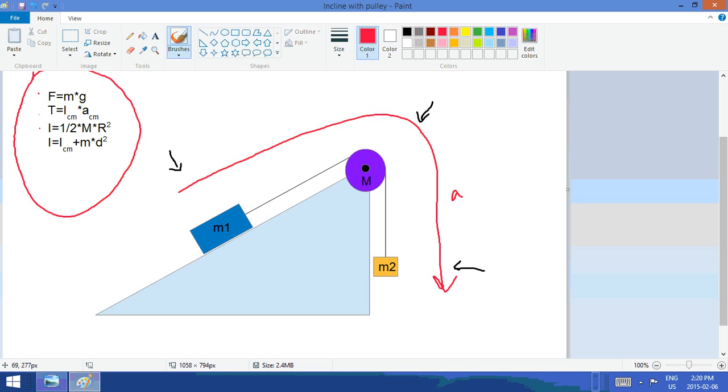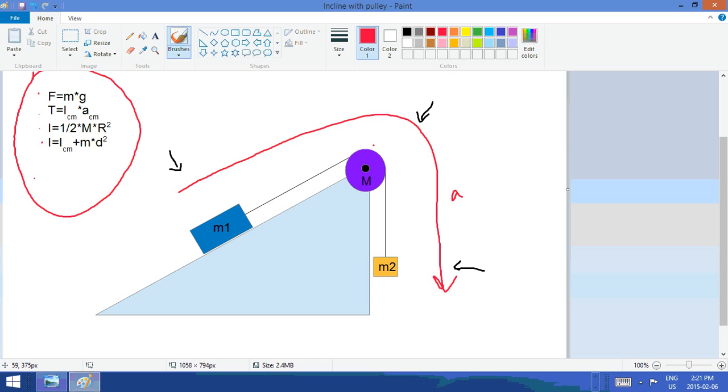And we have here also the inertia of this pulley M, which equals half of the mass times the radius squared. Also I added the inertia of an object which is rotating at a distance from the center of mass, which will be I equals M times the distance squared.